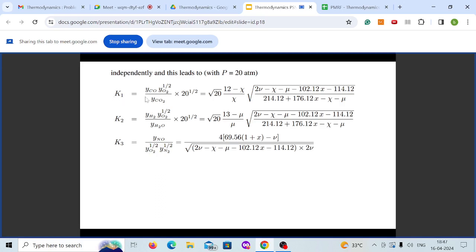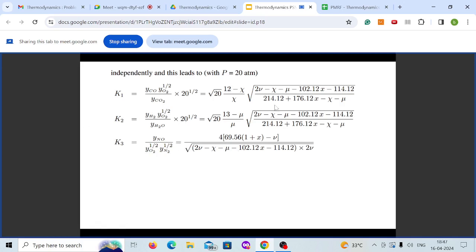K1 for the first expression is YCO into YO2 divided by YCO2, times P, which is 20 atmosphere, and P reference 1, so 20 by 1 raised to power half, and similarly for the second reaction and for the third reaction.